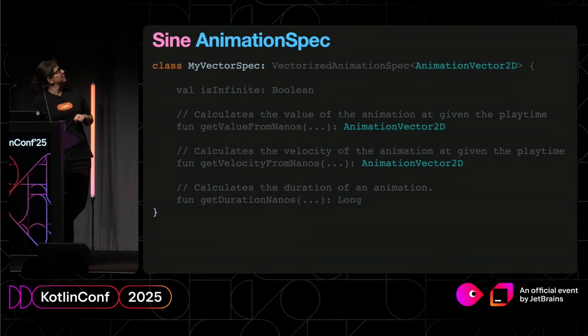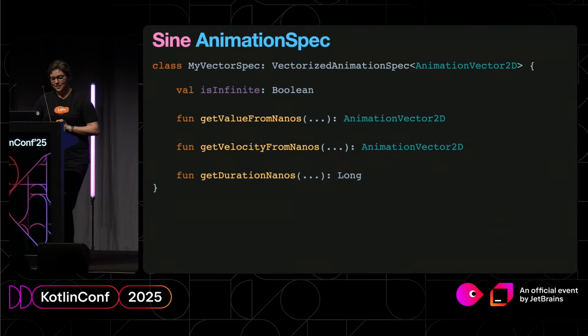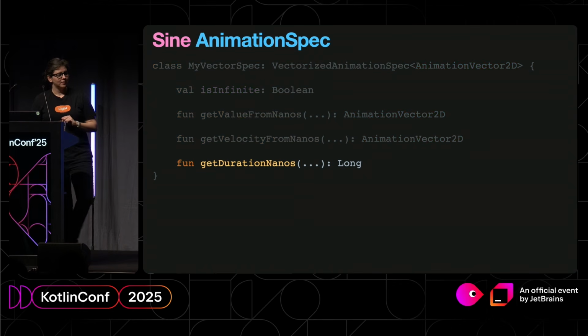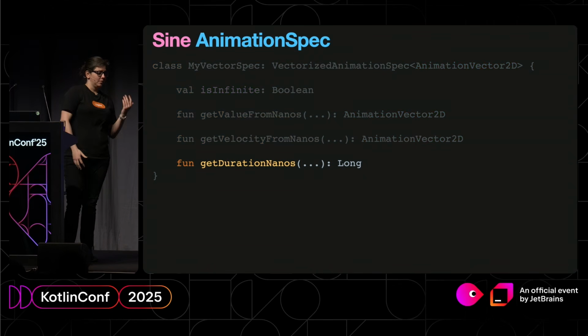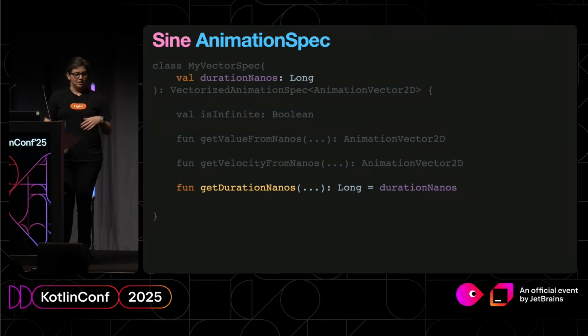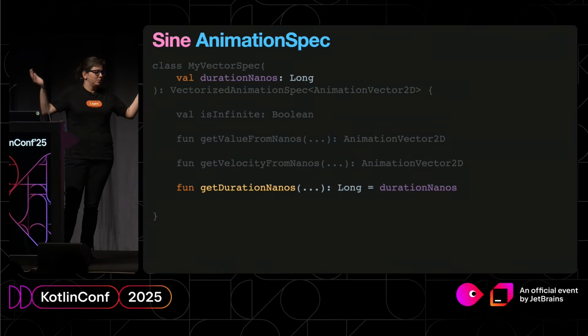And I was super creative and called it my VectorSpec. Anyway, as I was saying, let's start implementing this from the bottom up, and let's start with durations. In order to provide the duration of my animation spec, I can just follow what tween is doing, right? I can create a different parameter that I'm going to pass, and just return that.